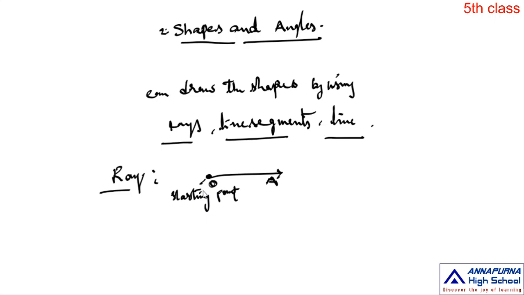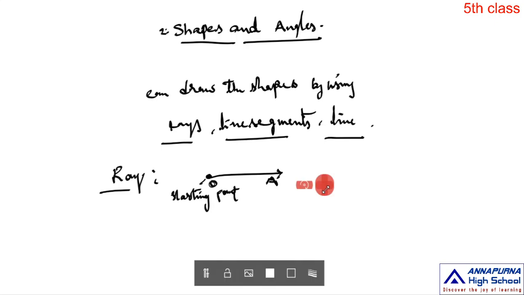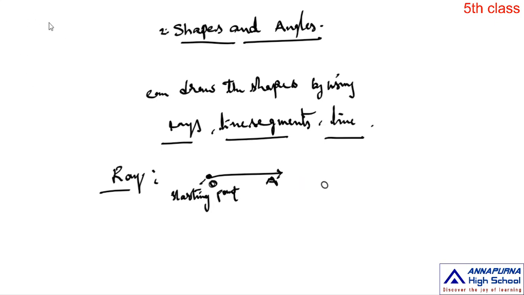When you're representing the ray, first we will write the starting point only, O. We can represent it symbolically as ray OA. So here O shows the starting point.